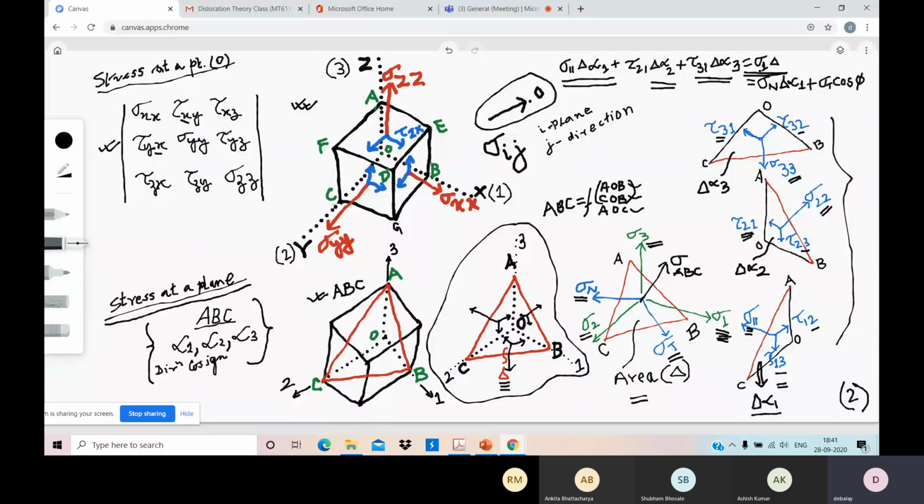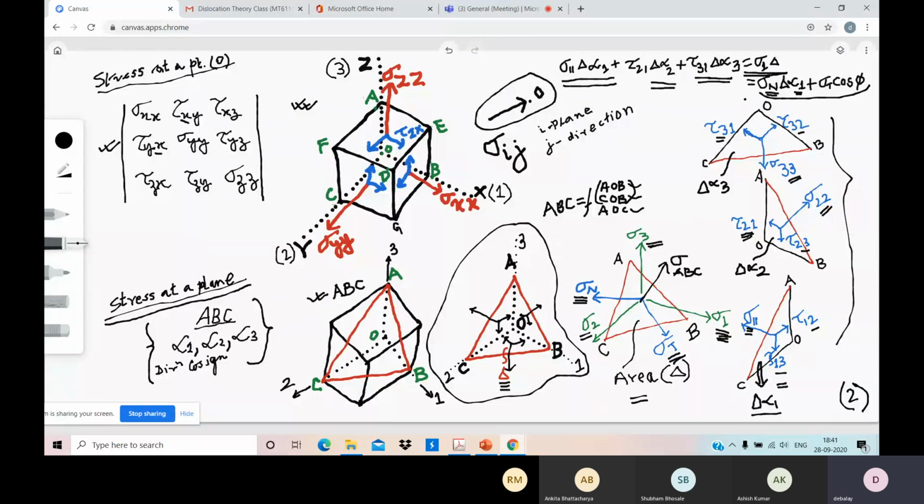Now, if I write sigma 1 in terms of the normal stress sigma n and shear stress sigma t acting on the ABC plane, you will find alpha 1 will be contributed by a component of the normal stress, which is sigma n alpha 1.